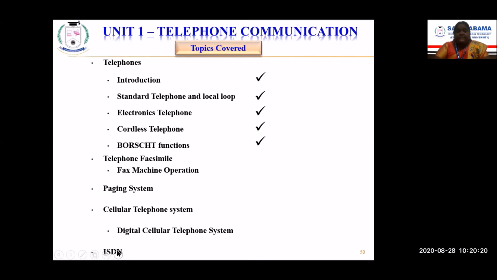These are the topics left: the paging system is very simple, and ISDN is also very simple. One more important topic is the digital cellular telephone system. So that is about the first unit. The documents are uploaded in the LMS. You can make use of them.